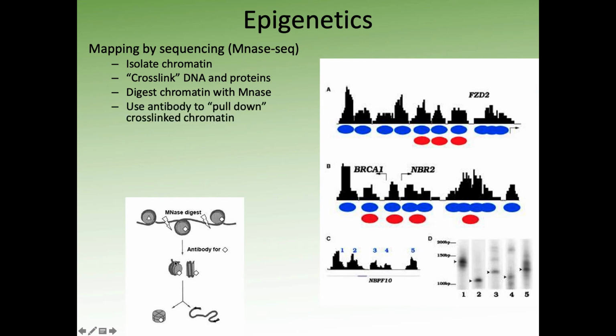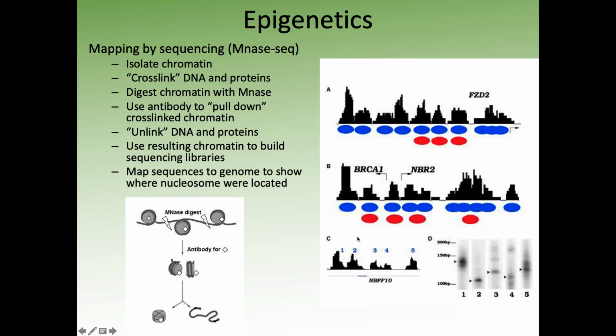After you've done that, then you can use an antibody to pull down this cross-linked chromatin and then unlink the DNA and the protein so now you can separate them, and then we can sequence this DNA, right? So we can sequence this resulting chromatin that was previously bound to these histones. And this is an example of the kind of result that we might get, because after we're done with that sequencing, we'll then take those sequences, we'll map them back to our genome, and we can compare what are the patterns that we see.